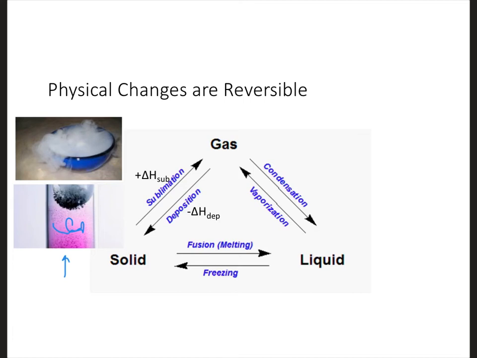If I take gas molecules with a lot of energy and I ask them to recondense, which is what's happening at the top up here, if I'm asking them to go from high energy gas molecules to locked into a solid crystalline structure where they're not allowed to vibrate very much, that's going to require them to give off energy. That's going to be exothermic. So we ought to be able to rationalize what's happening to those molecules in considering what the sign is going to be on these different enthalpies.